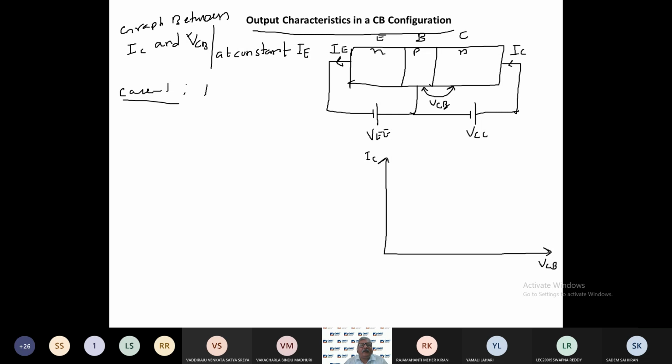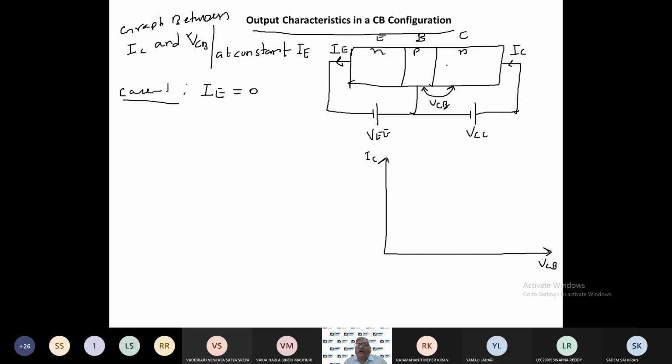In case 1, we will make IE equal to 0. So you just see in this diagram, IE is 0. How will it become 0? When VEE is 0. You have not applied any voltage here, so no emitter current will flow.